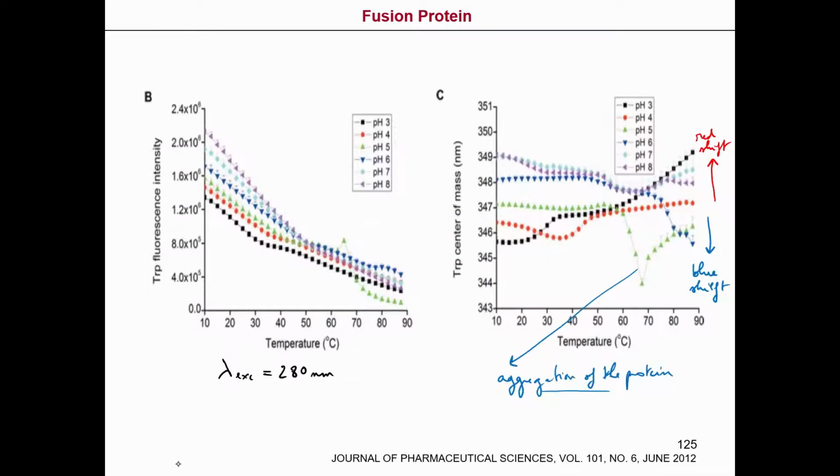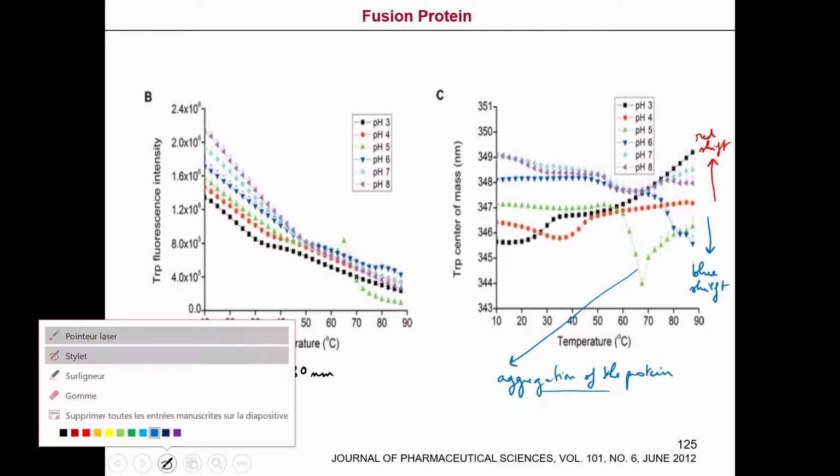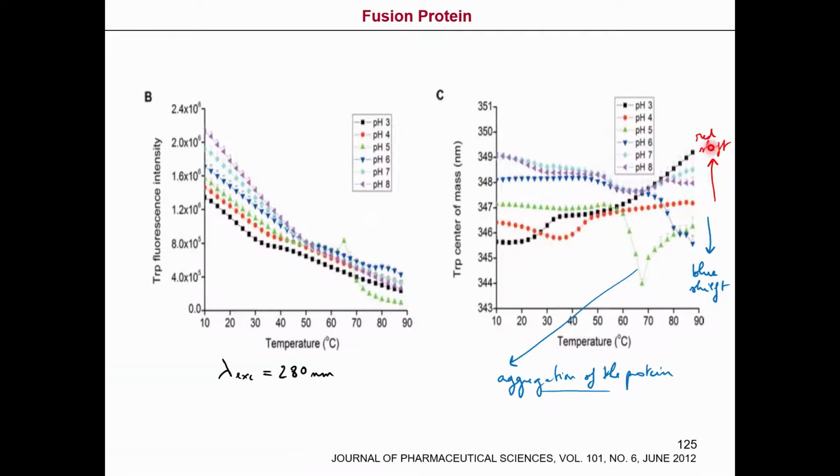Because when you have the redshift, it's only a denaturation, and you know that this denaturation by temperature will be reversible. So when the temperature becomes lower, you will normally have your native proteins, but not when you have aggregation.